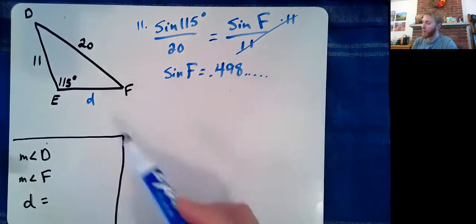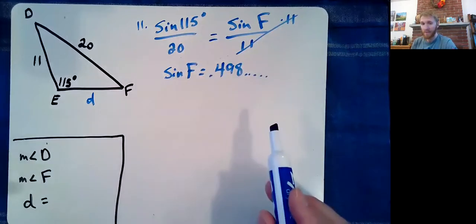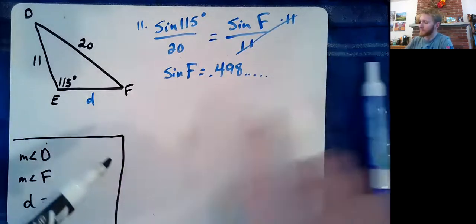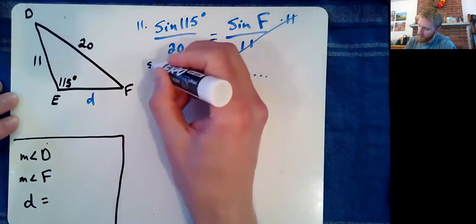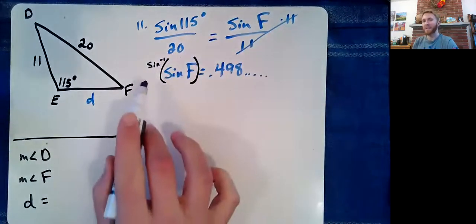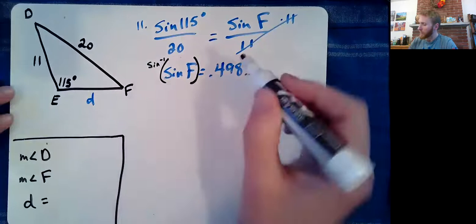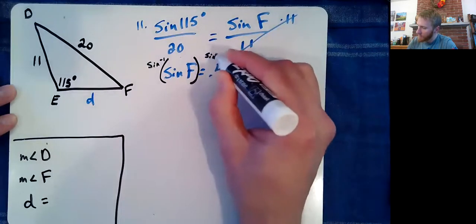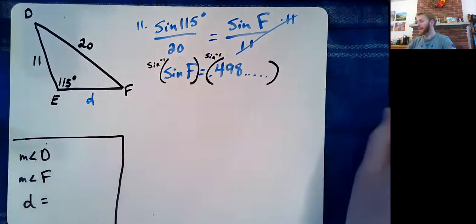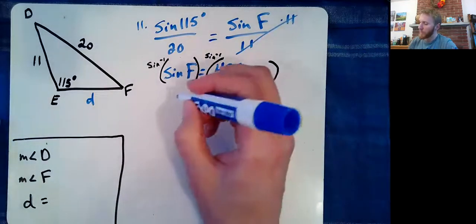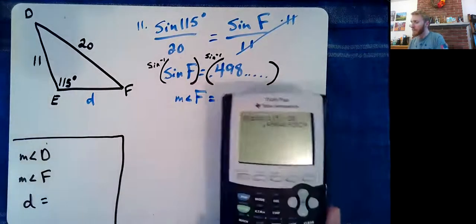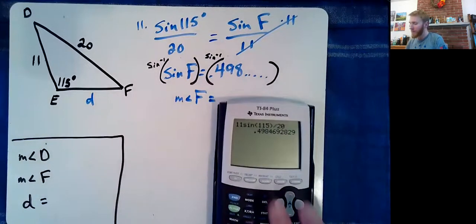So to figure out what angle F actually is, I need to go in there and take the inverse sine. When I take the inverse sine of both sides of this equation, I then cancel that out over here, and I'd be left with the measure of angle F being equal to, and in my calculator, because that's an ugly decimal, I'm going to use that.